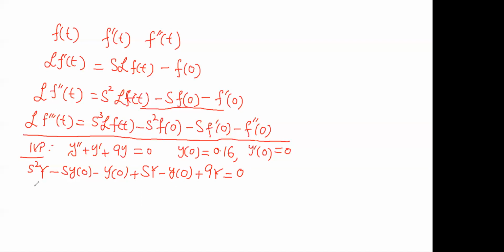And then in this step now we will collect the terms of Y. So this is s squared, and then another term over here has s, and another term over here has 9. So now we have combined together these terms of Y. And now next is s over here, and y(0) is 0.16, and y prime of 0 is 0, so it is 0, and then this is equal to 0.